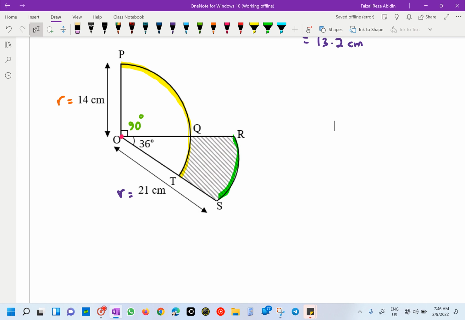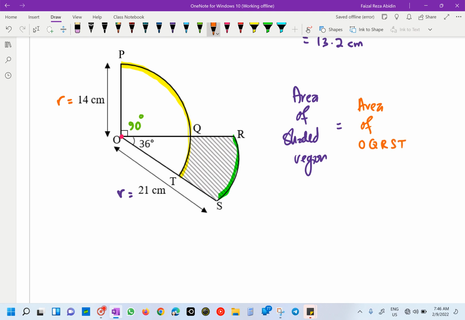Okay. So means that we are going to find for the area of shaded region. Okay, we are going to identify here, which means I'm going to find the area for the whole, there is going to be OQRST.